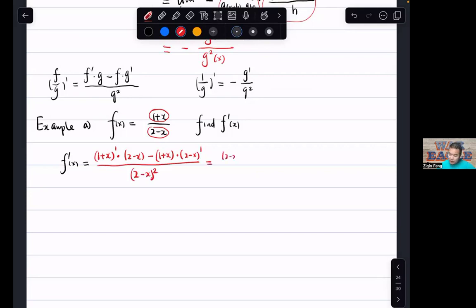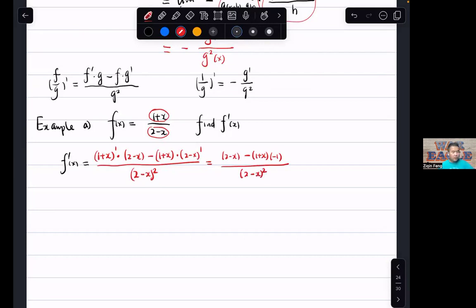So you get 2 minus x minus 1 plus x times the derivative of 2 minus x, which is negative 1, because the derivative of 2 is 0 and the derivative of negative x is negative 1 times 1 using the constant multiple rule. The denominator stays the same, with no derivative involved. So this is the derivative of this function.